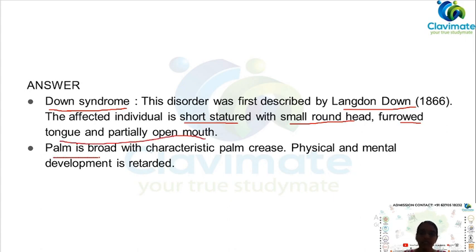The palm is broad and a palm crease is present, and they have physical and mental retardation. So those are the characteristics of Down syndrome. You have to mention that trisomy 21 leads to Down syndrome, and how the affected individual will look.